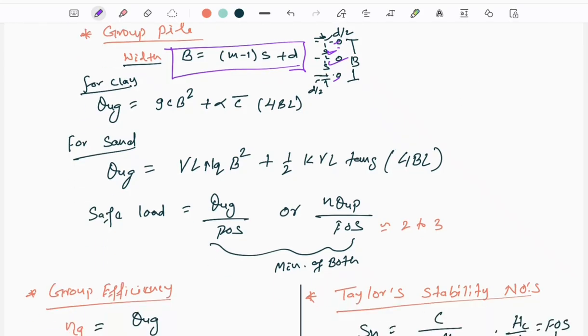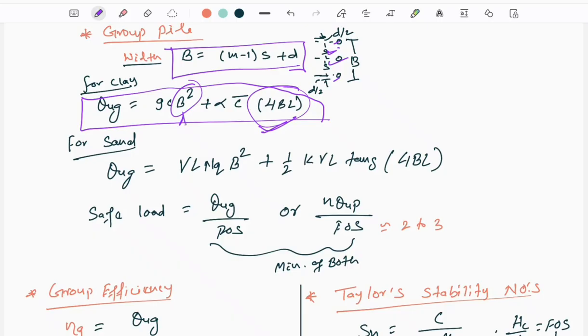Next is again the capacity of this group pile, that is QUG, is equal to 9CB square into alpha C bar into 4BL. Again here this B square is nothing but AB and 4BL is nothing but AS. This is QB and this is QS. So in this case, QB is equal to 9C, QS is equal to alpha C bar.